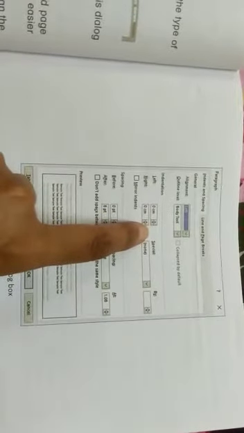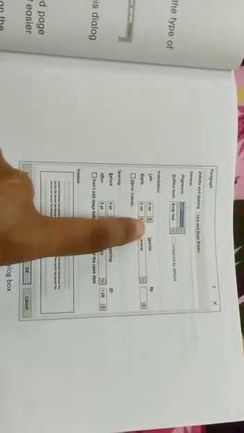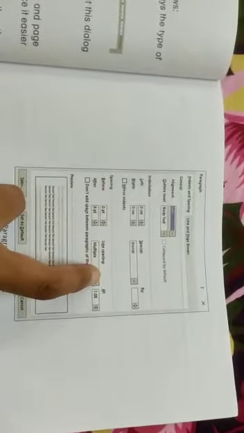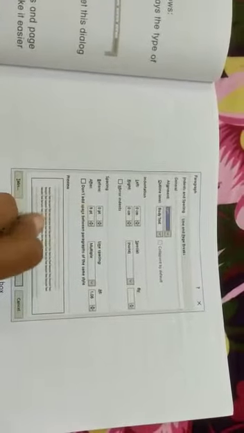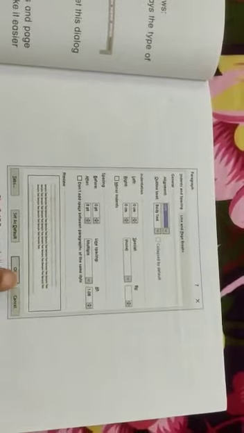Then indentation left or right, how much you want to select; here in the steps it is 2 cm. Spacing is also given, as the points required, and the preview you can see here. If everything is okay, click OK and it will be done.